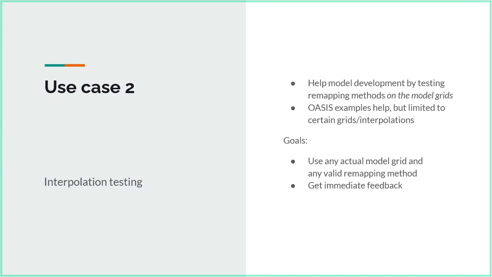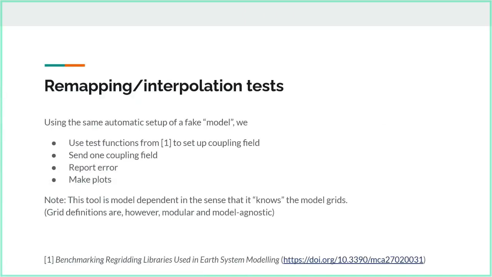What we want is really to use these interpolation tests with our model grids, the grids we use in the model, and with the methods we use in the model as well. Since we have the num-couple information nicely in the YAML file that's used for our model run, we can use that information to make the actual interpolation test.